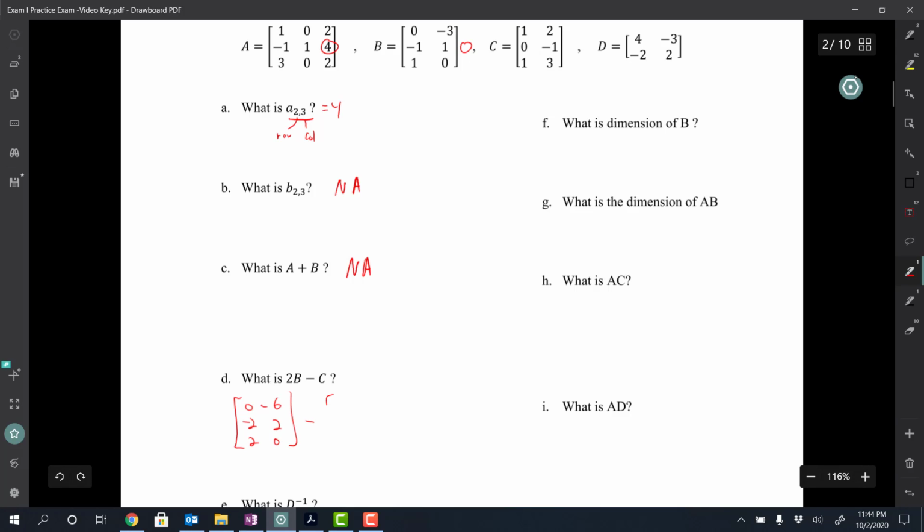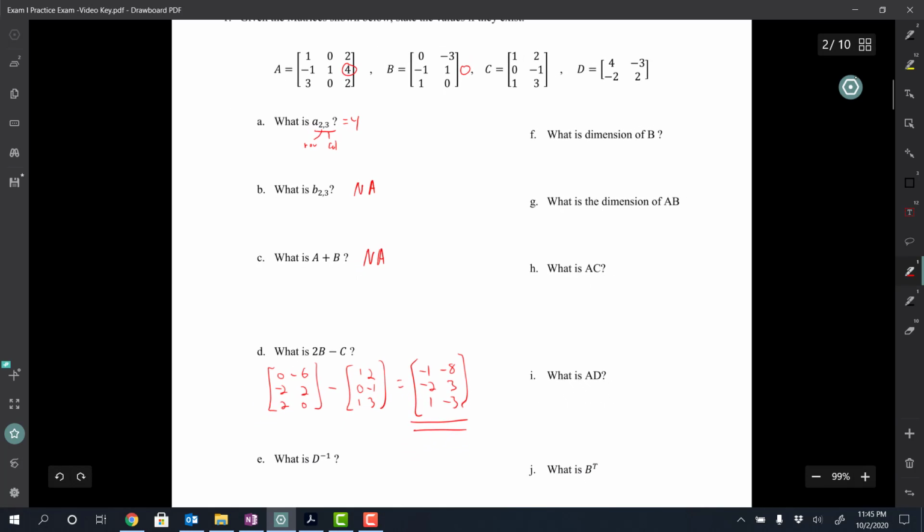And if I subtract off the matrix C, which is going to look like this matrix, the result, when I subtract these matrices component-wise, so I will get a -1 here, and -6 minus 2 is -8 here, -2, 2 plus 1 is 3, 2 minus 1 is 1, 0 minus 3 is -3. So this matrix represents 2B minus C.